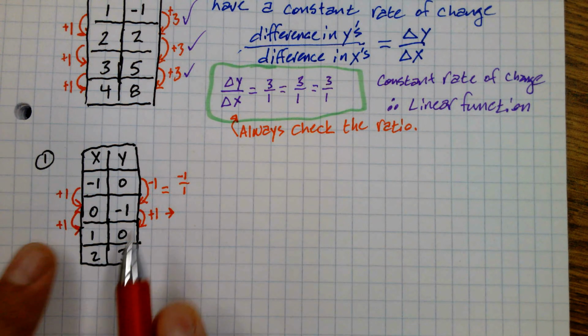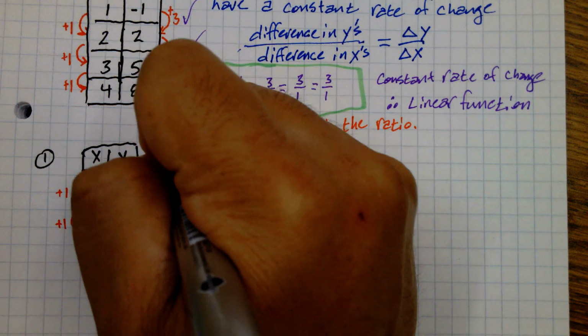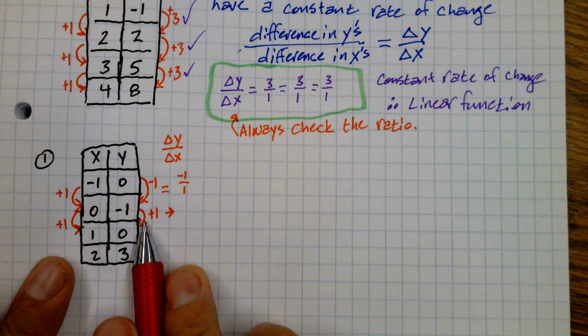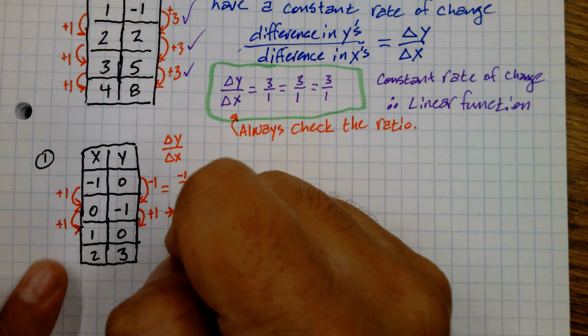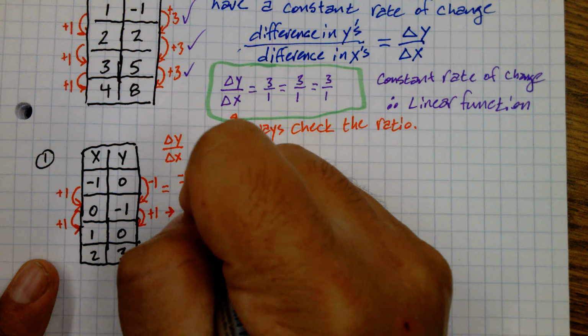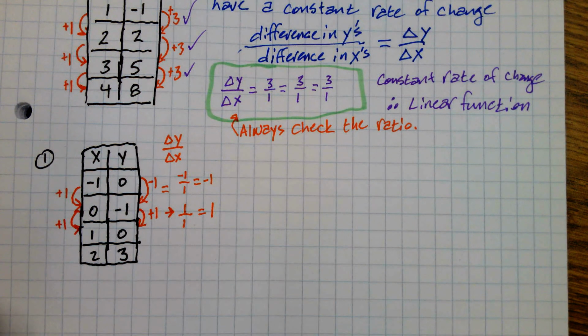So what would the ratio be there? Well, you always want the difference in y over the difference in x. The difference in y was 1. The difference in x values was 1. So here I got -1, here I got +1. Is that constant? No. Not constant.